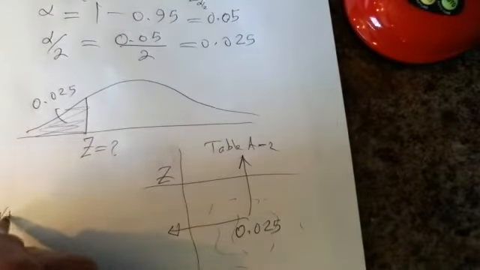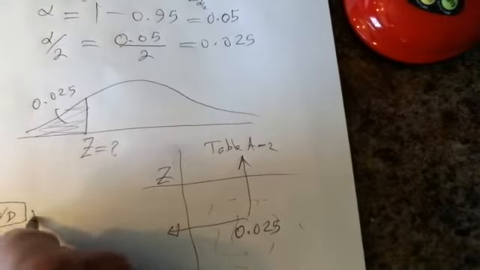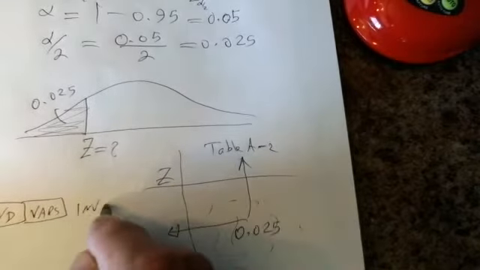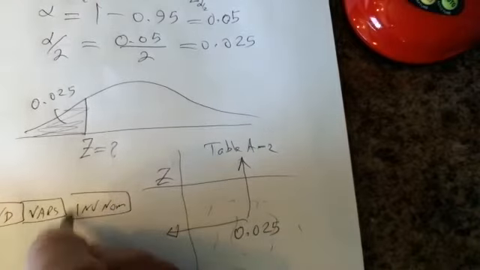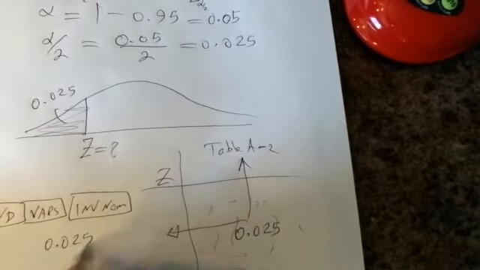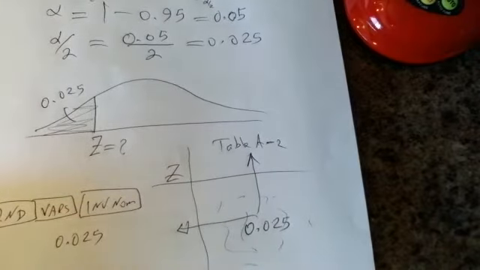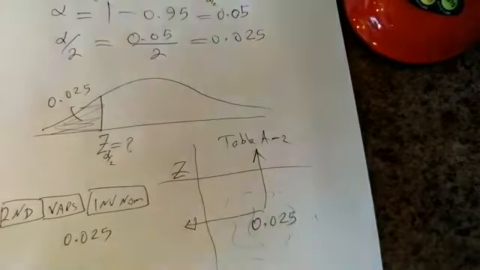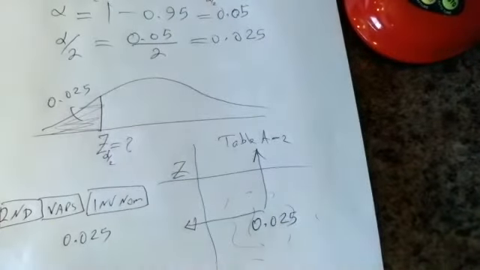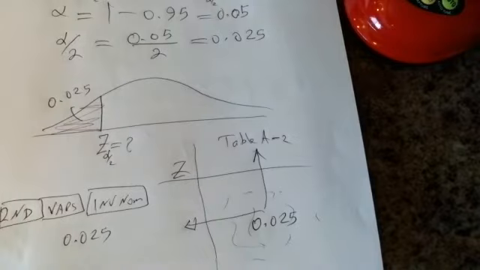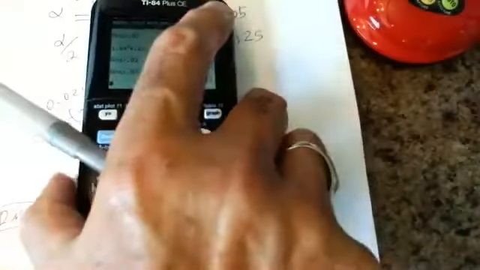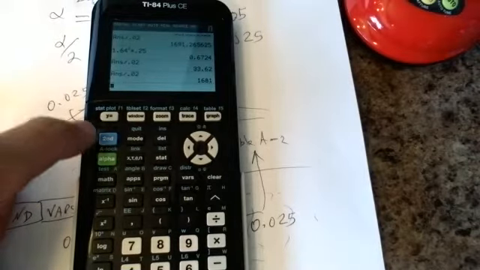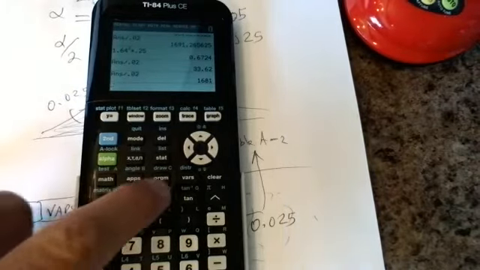You go to the second verse, and then inverse norm, and then you put 0.025. That gives you this value here. So you go to the second verse.